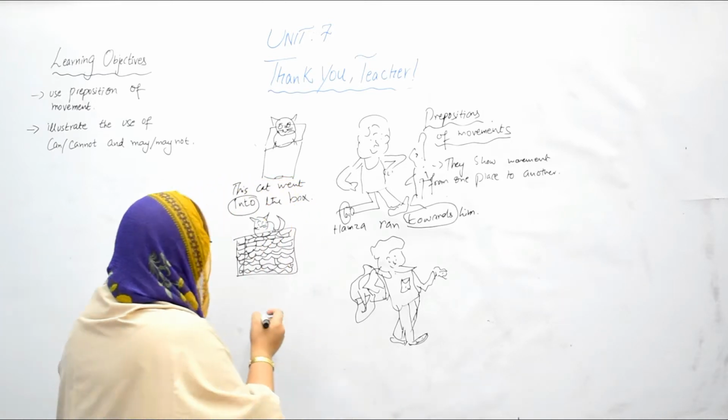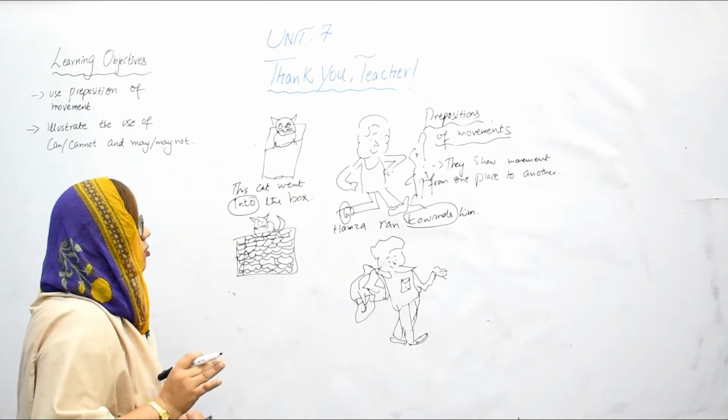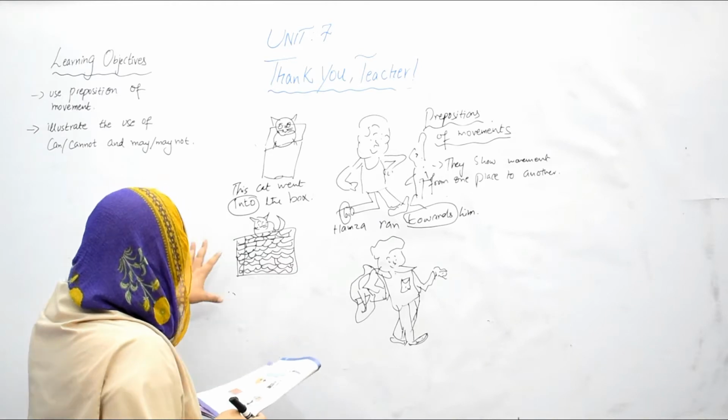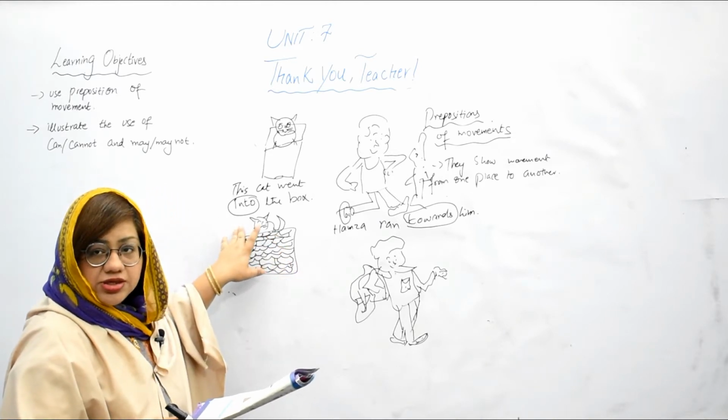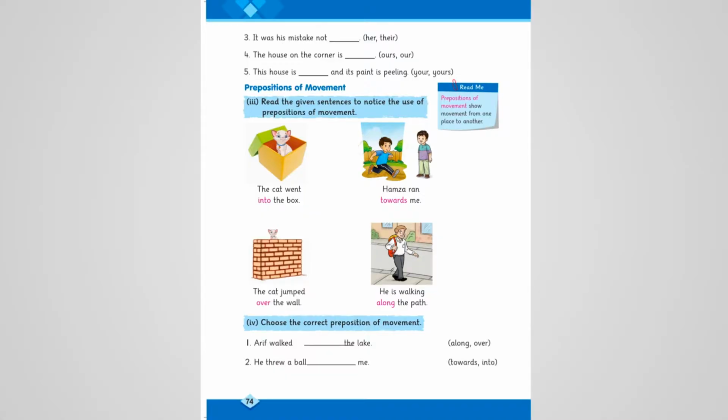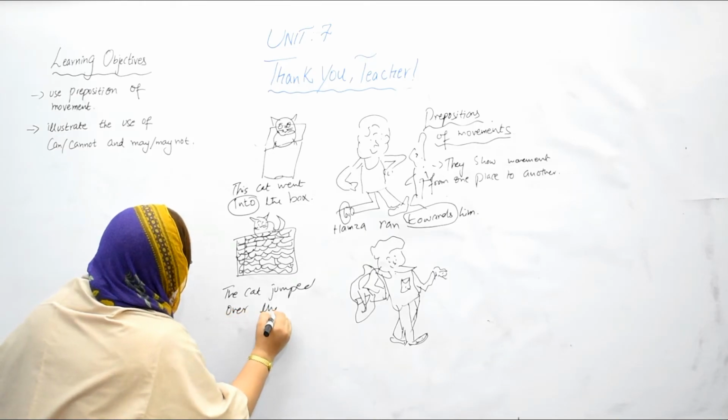Now look at this picture. What is this? This is a wall and you can see that there is a cat. So the cat jumped over the wall.